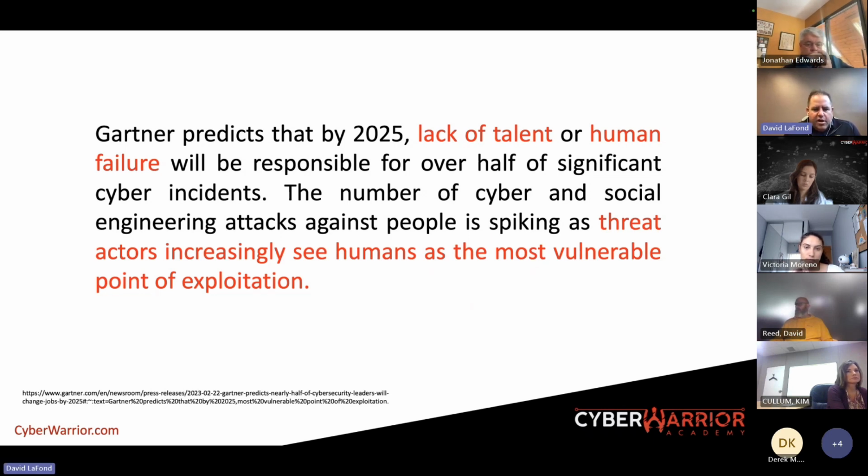Here's a little data from Gartner, right? Basically stating that we see a significant increase in the number of cyber attacks causing an effect to daily life, right?